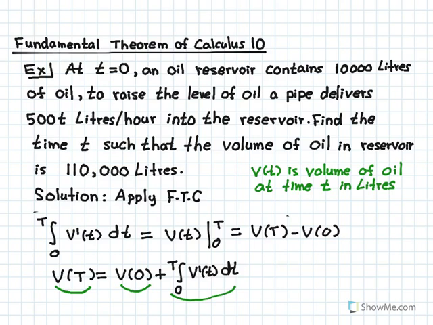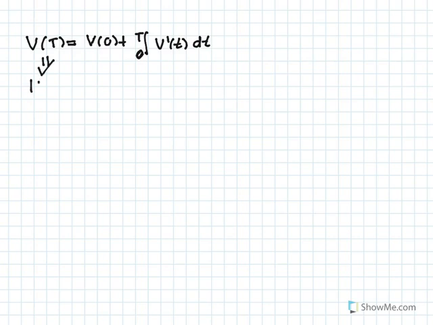All right, so what we have is V of t is equal to V of 0 plus the integral from 0 to t of V prime of t dt. The final amount of oil in the reservoir is 110,000. The initial amount is 10,000 plus the integral from 0 to t, and the rate at which the oil is flowing into the reservoir is 500t liters per hour.